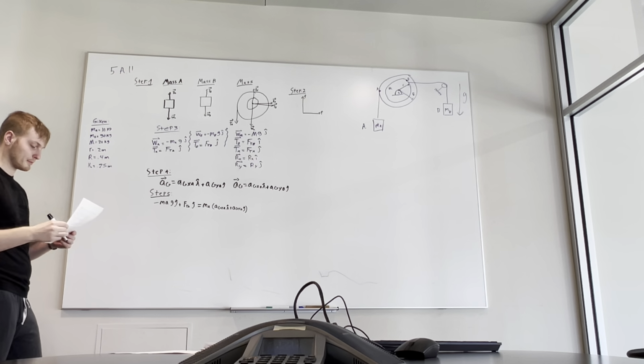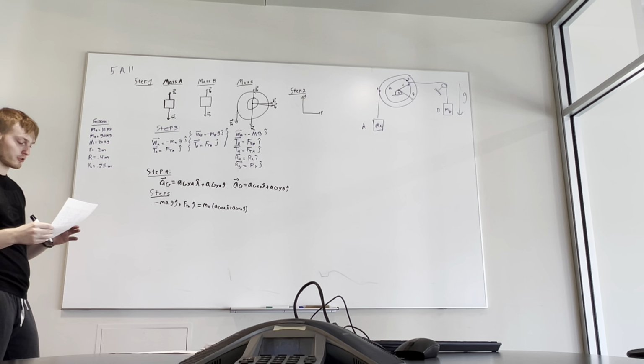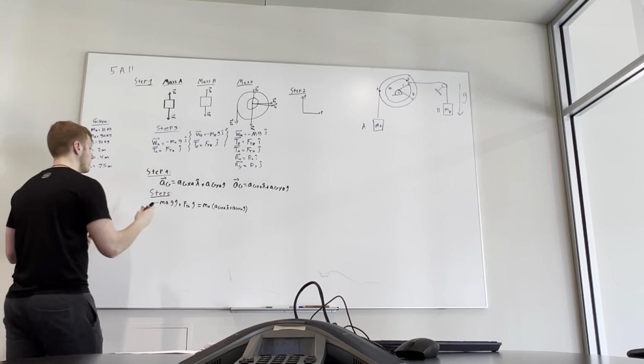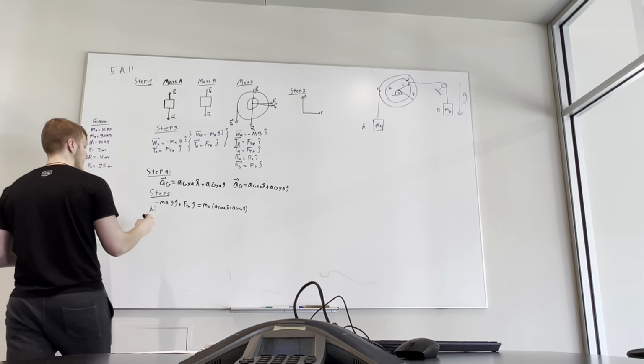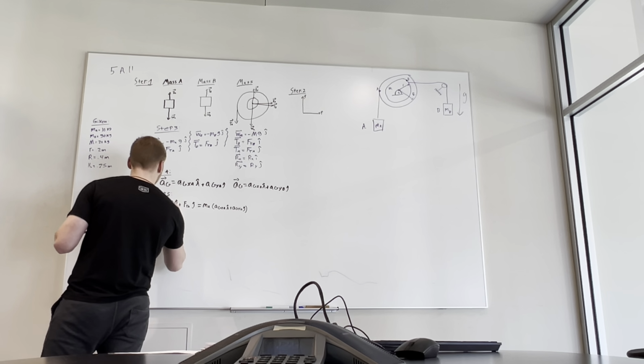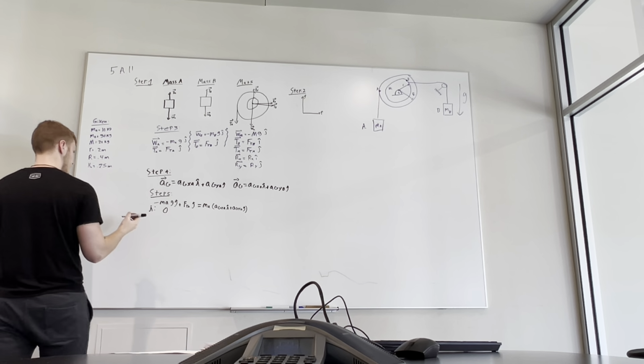And then we will separate that into the two scalar components. The first being I. Since there are no forces in the I component, there will be no scalar equation.